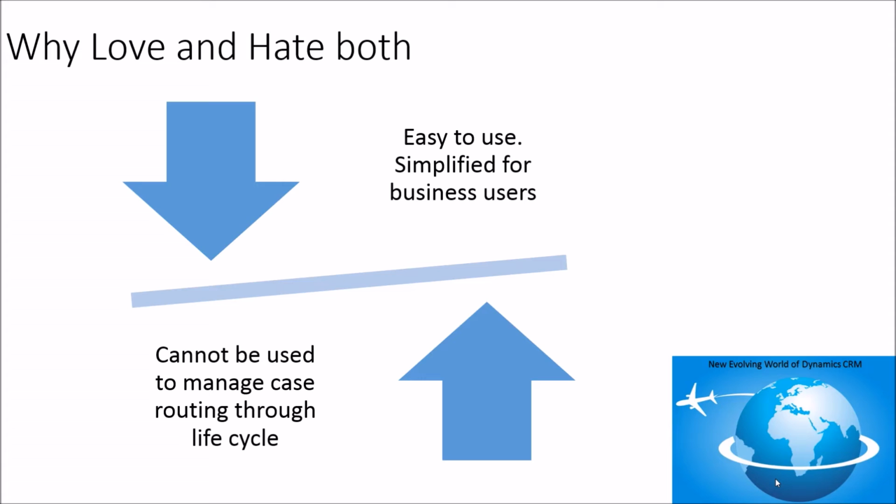I love this feature because it is easy to use and simplified for business users. In many companies, on the creation of cases, the question is where should it be routed. Generally, before this routing rule, all you could do was go and create a workflow. Now for business users, workflow creation is a challenge because you need to understand the fundamentals of entities and events and running as a background process.